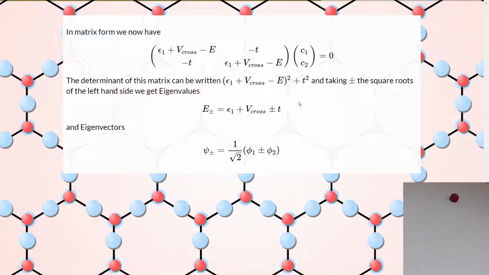And the eigenvectors, which are our approximate wave functions, are the plus and minus solutions, and they are our atomic solutions added in or out of phase.